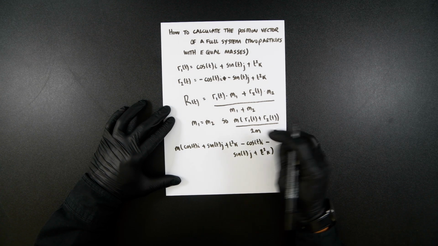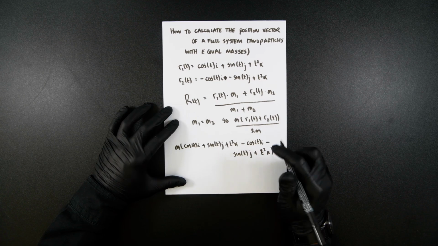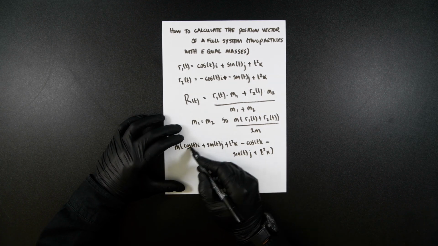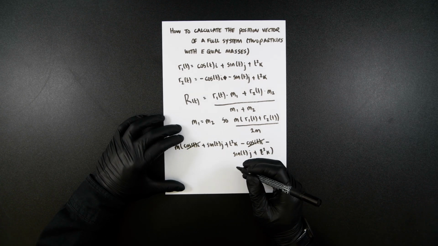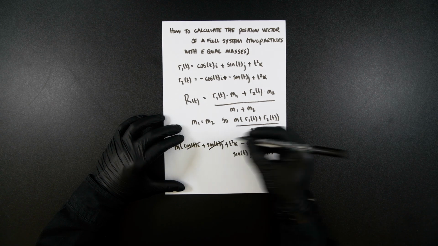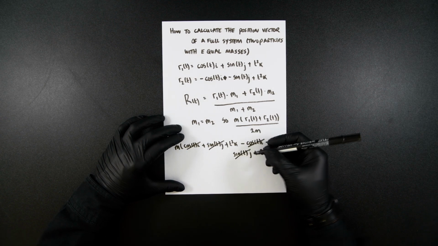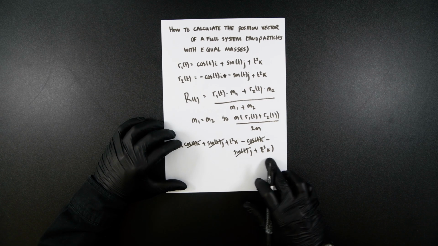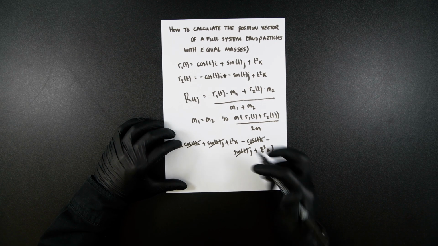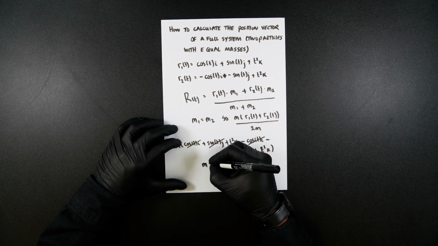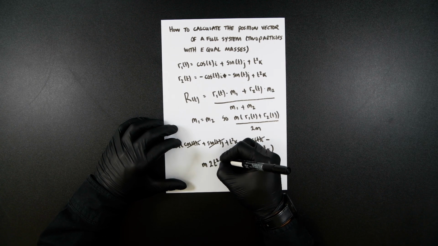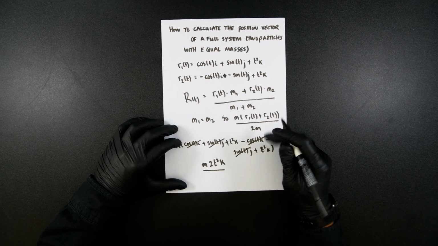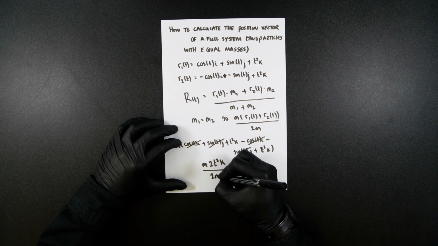I'm just going to look at the numerator for now. Cos t i minus cos t i cancels. Plus sin t j minus sin t j cancels. So we've got a t squared k plus t squared k. That's now going to be m times 2t squared k divided by, and we've got a 2m in the denominator.